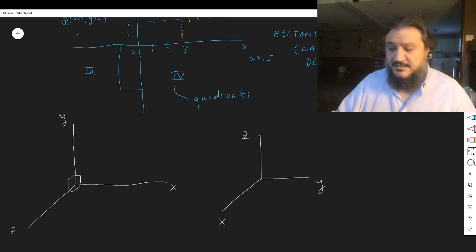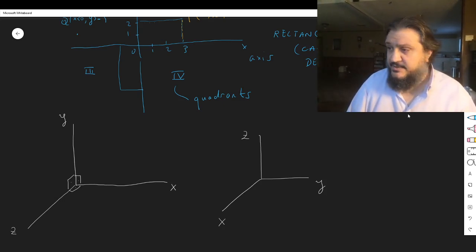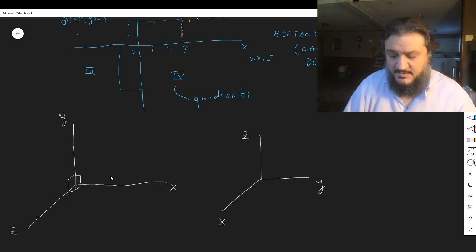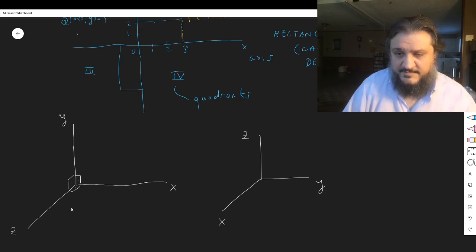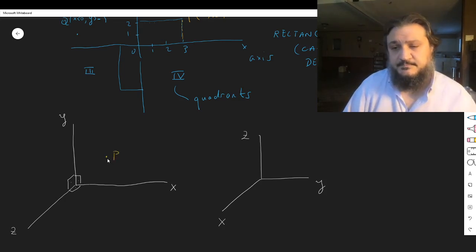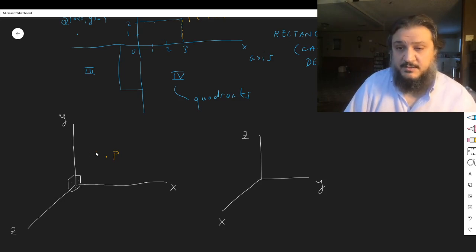Anyway, if you're in 3D, let's go back to the first one that I just drew here, a point in 3D space. Of course, you don't have 4 quadrants anymore, you have many, like 1, 2, 3, 4, 5, 6, 7, 8. Did I count right? Anyway, you pick a point here, and you can project this point onto the y-axis here, like that.